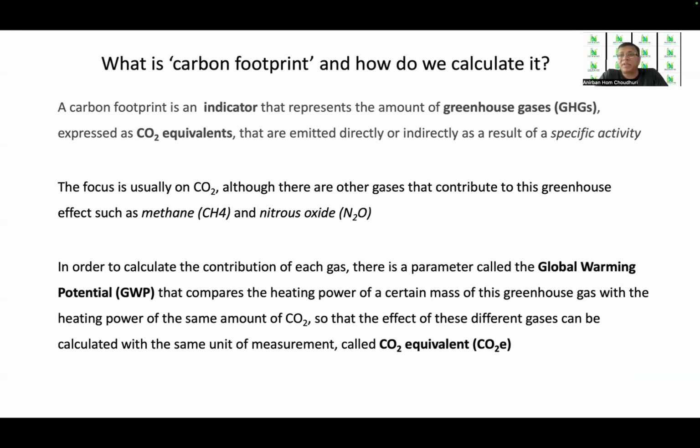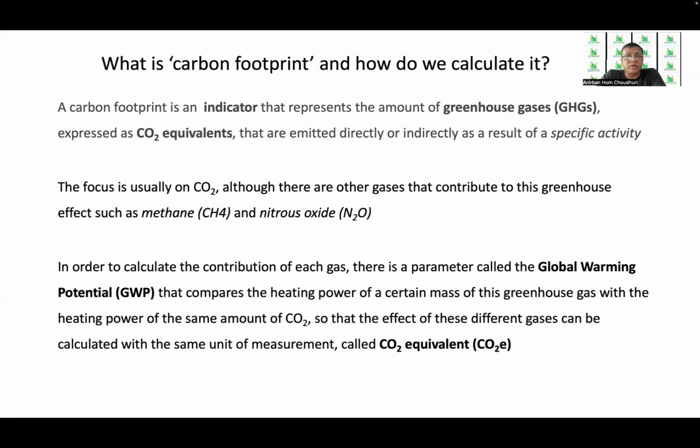These greenhouse gases are the ones present in the atmosphere which can trap heat from the sun. And these greenhouse gases are responsible for climate change, melting of glaciers, biodiversity change, and all the different epiphenomena that are linked with climate change.